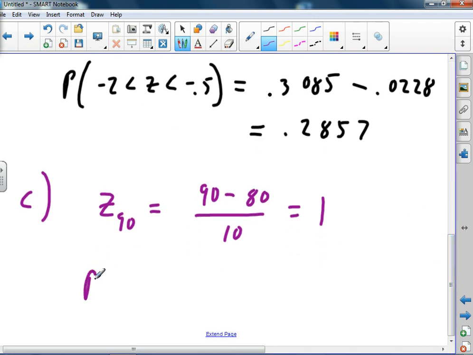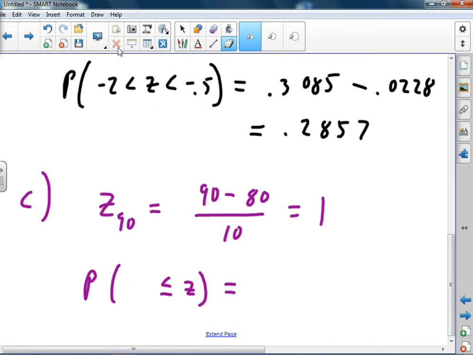Right, so the probability of Z being less than or equal to 1 is 0.8413.